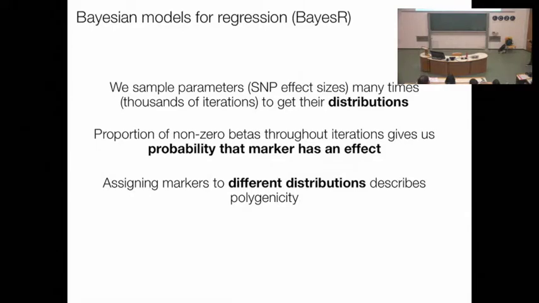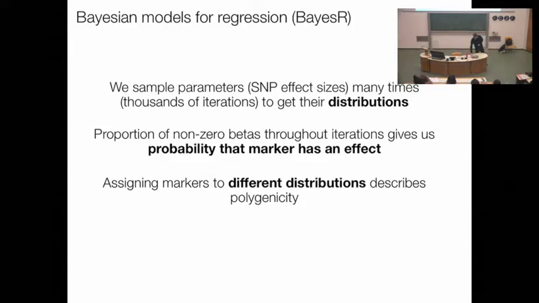The proportion of non-zero betas throughout the iterations gives us the probability that a marker has an effect, the probability it is included in the model. And assigning the markers to different distributions describes the distribution of the effect sizes, or the polygenicity of a trait. I'll give you a demonstration of that in a minute.